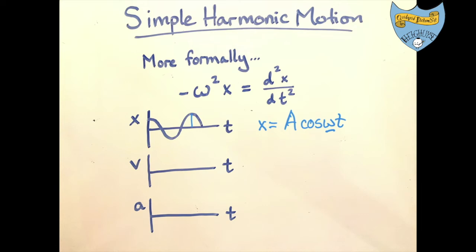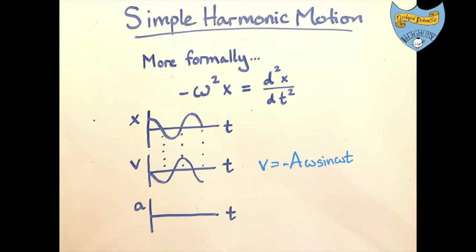After we've drawn these three graphs, we're going to talk about what's called the period of motion and how that relates to omega. Note when you draw the velocity function, you need to make sure that you carefully line up the peaks and valleys. Also be careful with the sign of your velocity. Remember, it's the derivative.